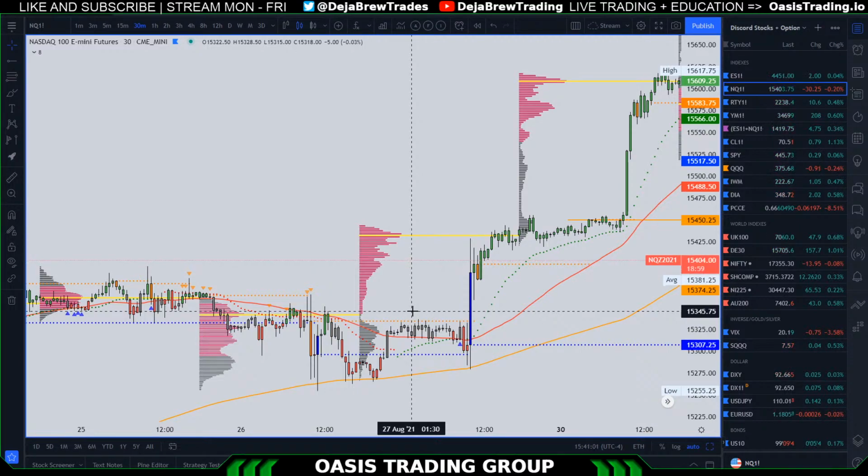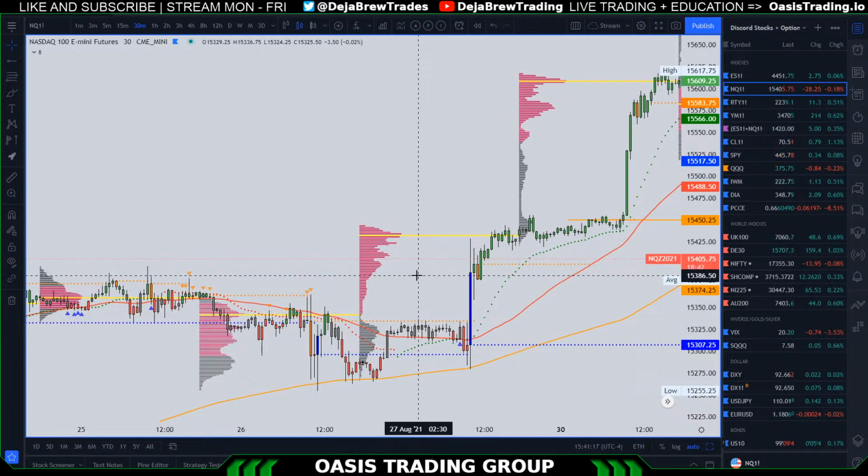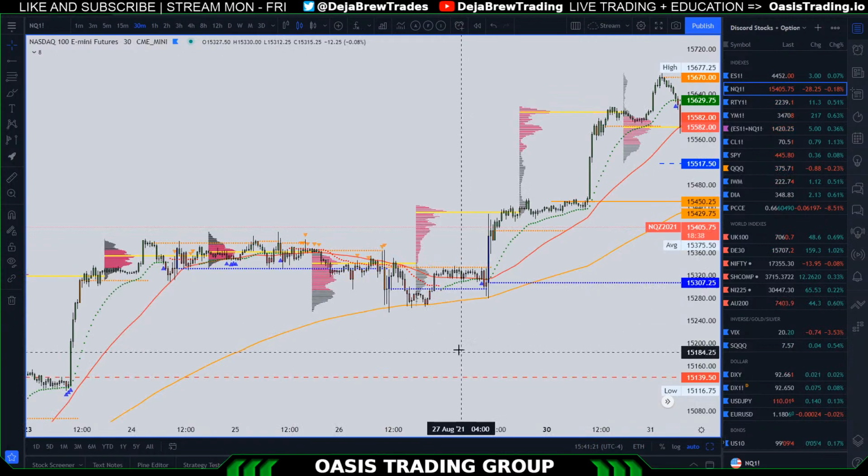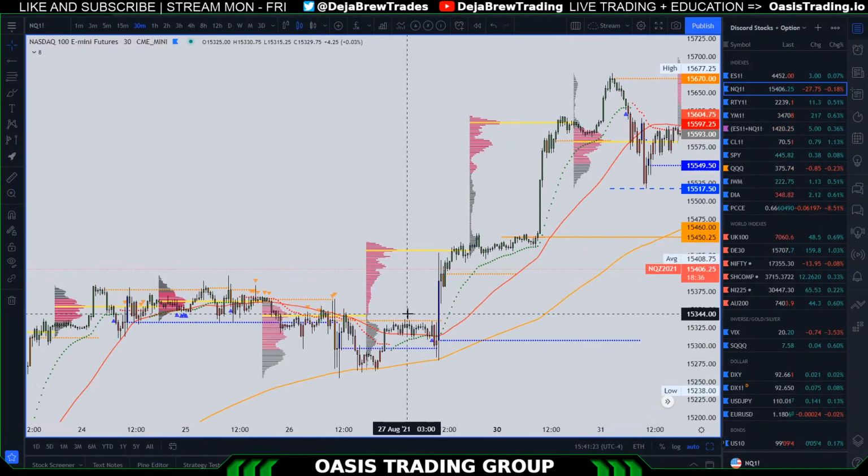To fulfill the 80% rule, it would have to go down to 15,340. So we still have a little bit of a ways to fall if it wanted to go lower, which goes back to what I was saying. Q's is not on a major support just yet. It's pretty close, but it's not there just yet. So you still have a little bit of room you could fall to fulfill that trade.